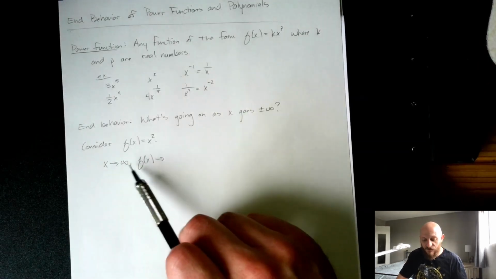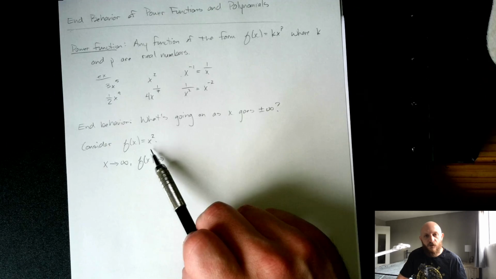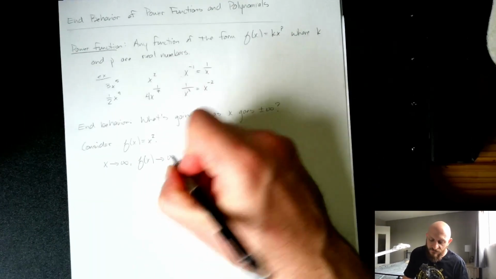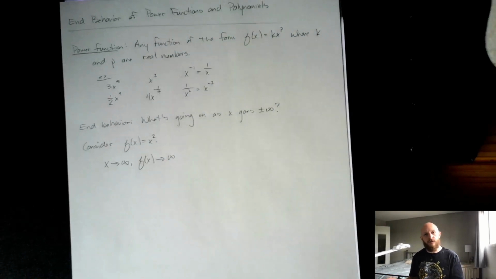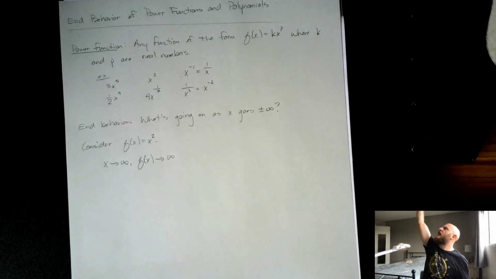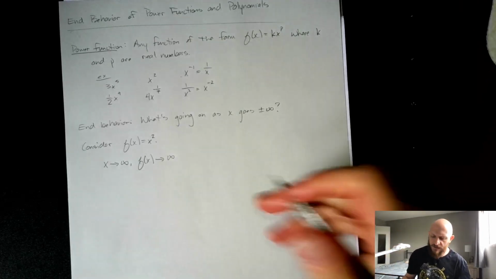So as x goes to infinity, f of x, or x squared, also gets extremely huge. Think about what the graph of x squared looks like. It just trails off into the sunset. As x goes to infinity, that thing shoots off to the moon. So as x goes to infinity, f of x also goes to infinity.